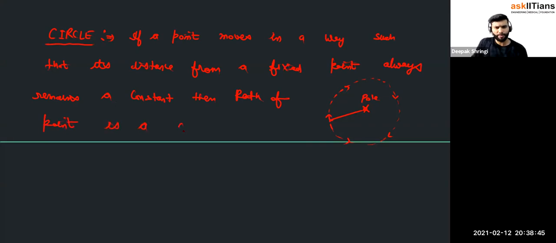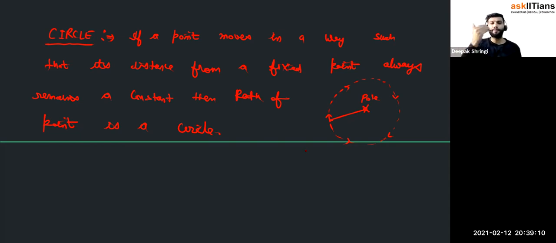I know you guys must be wondering, what kind of definition is that? Let me explain again. If a point moves in a way, who is the point? You are the point, because you are moving in a way such that its distance from a fixed point, your distance from the pole, was fixed and always remains a constant.